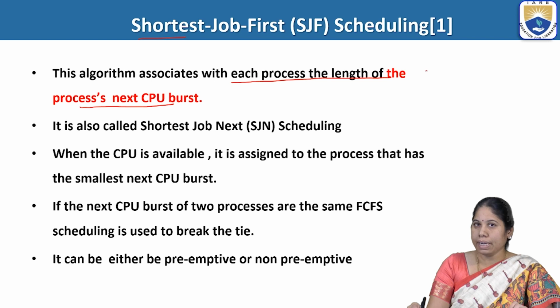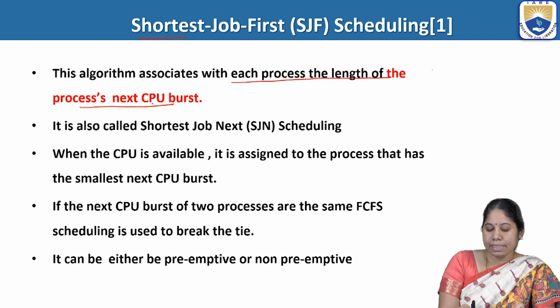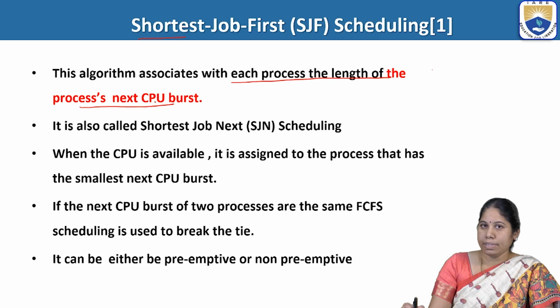So if the scheduling algorithm is shortest job first, then the scheduler will pick the process which has the smallest burst time, and that process will get the CPU, right? That means the scheduler will pick the process with the smallest CPU burst time.